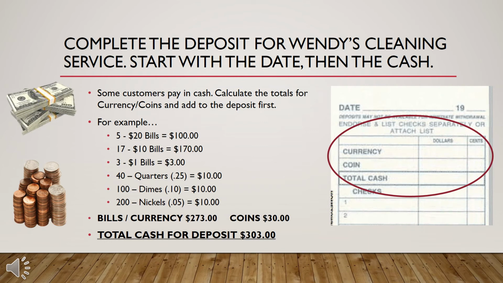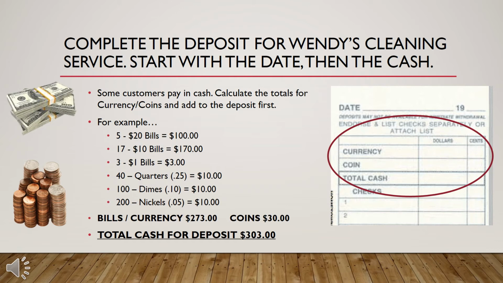The next step is to count the money. Start with all the bills. Count each section of bills separately and then total them up. The total of all of the cash or the bill's currency will go in the currency section. Obviously, there will not be any cents for the currency section. Then you will total the coins. Make sure you have your decimal point in the right place when you do your math and come up with the total of coins.